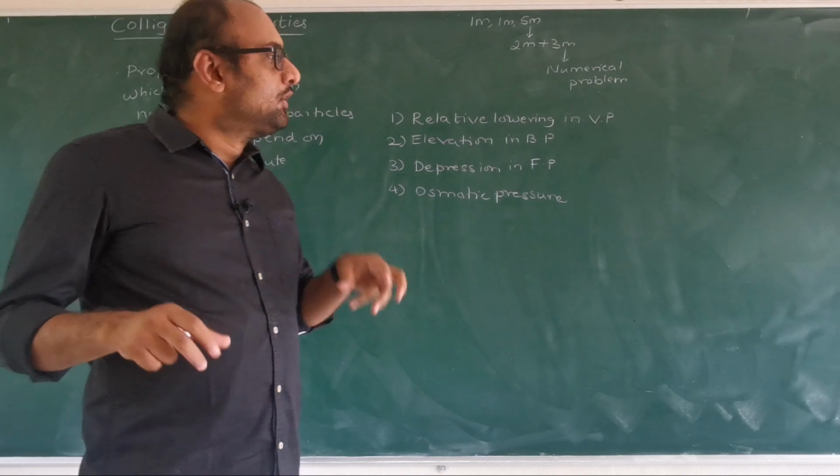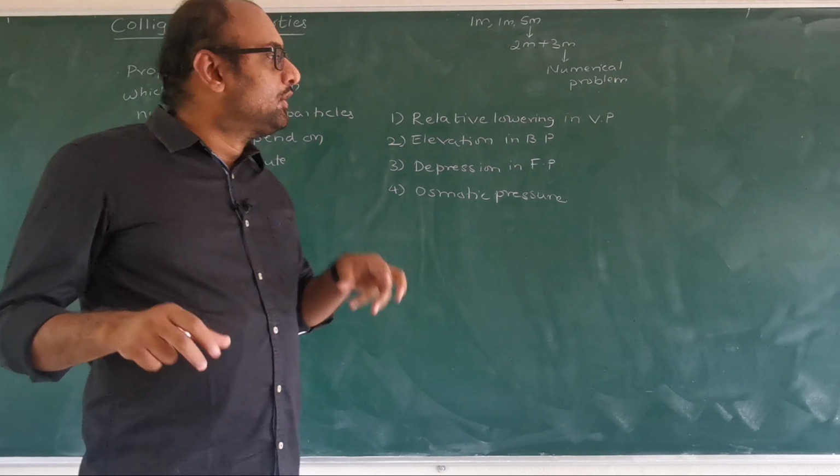So let us substitute these values here. NB is equal to WB divided by MB, and NA is WA divided by MA.